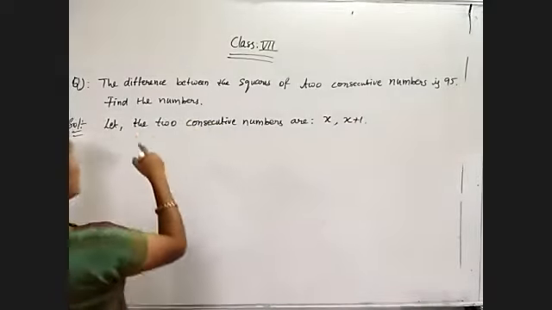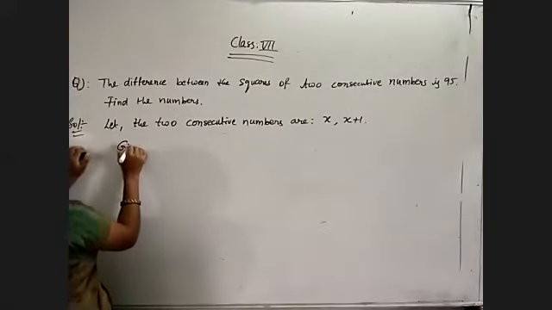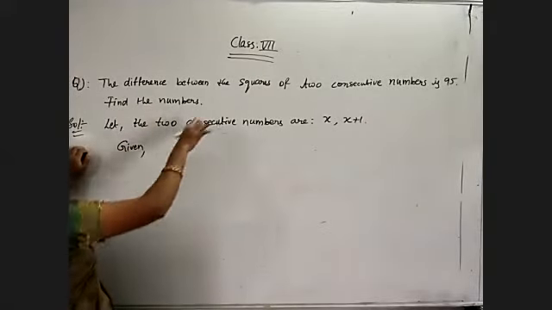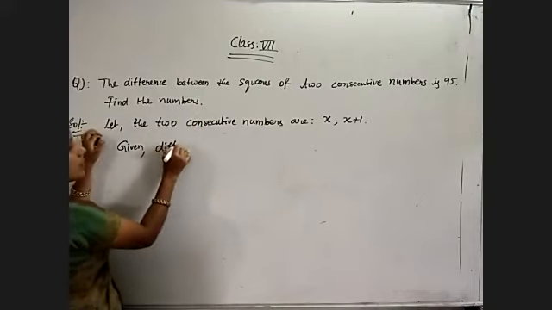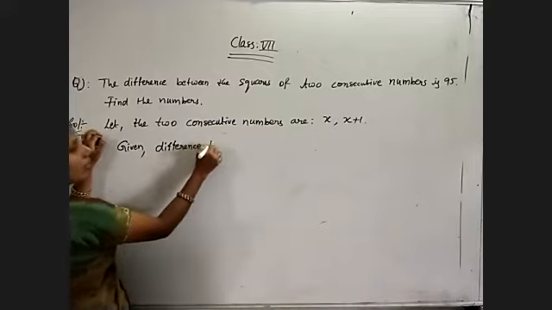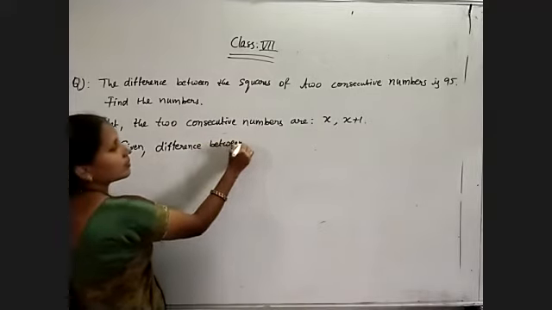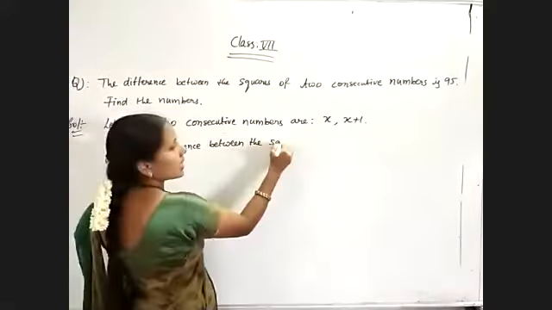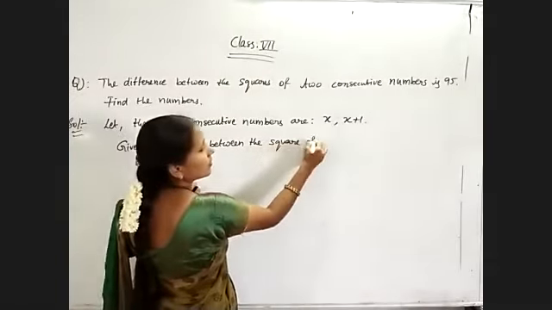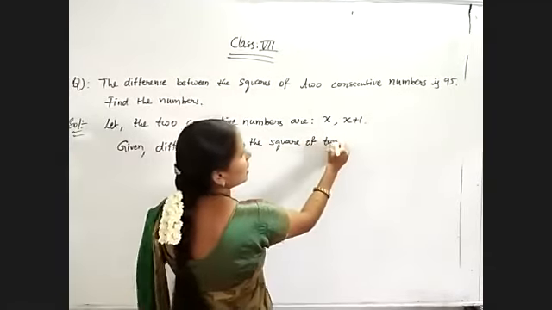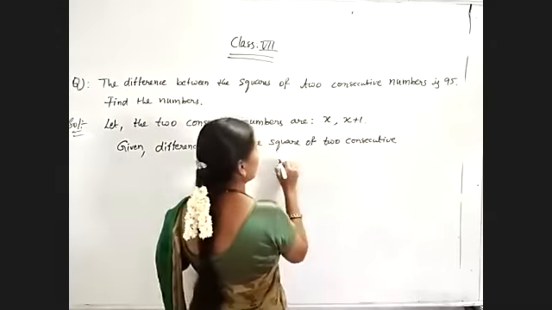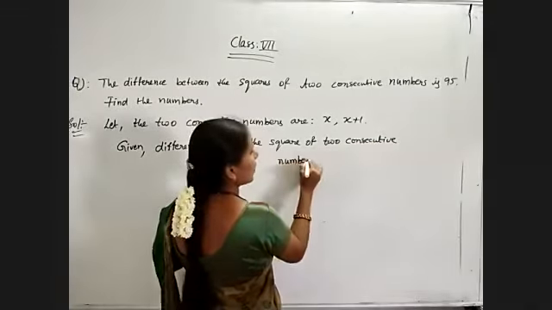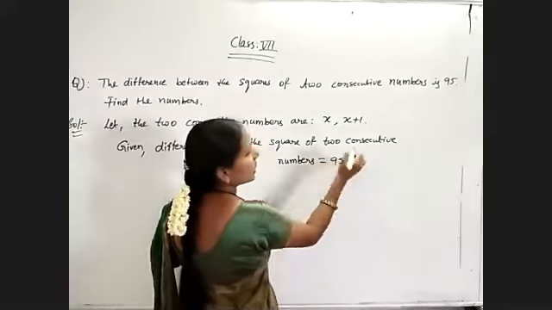Now coming to the given condition: the difference between the squares of two consecutive numbers is equal to 95, given in the question.